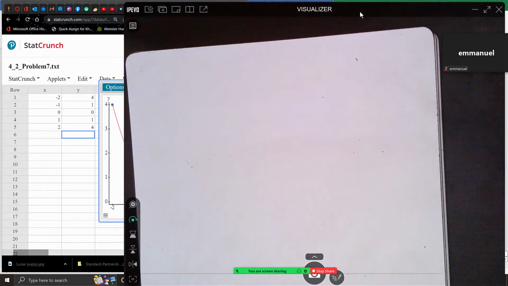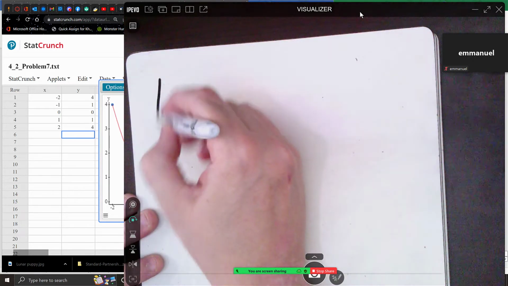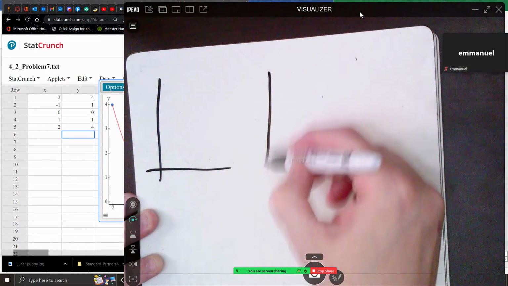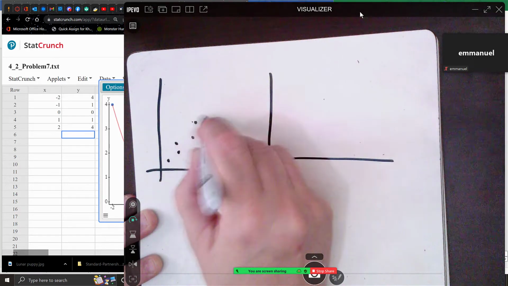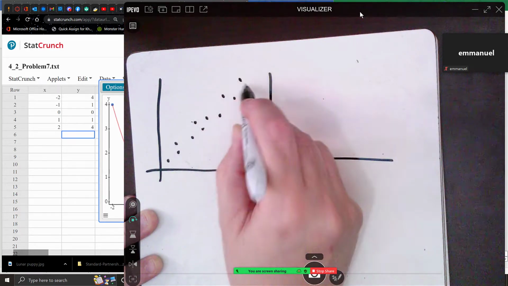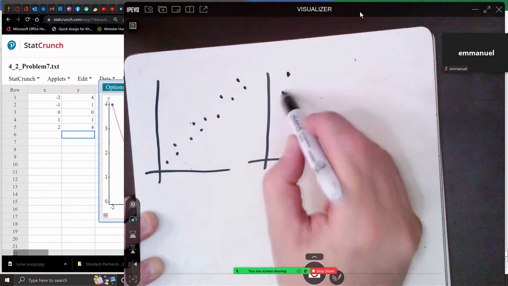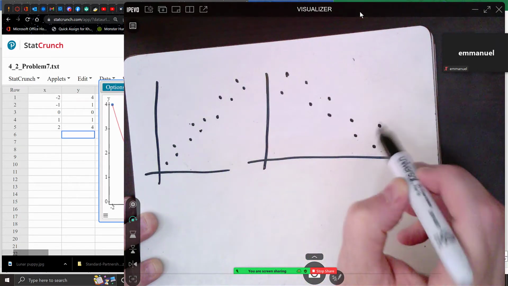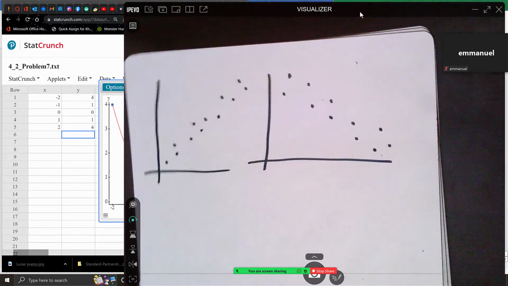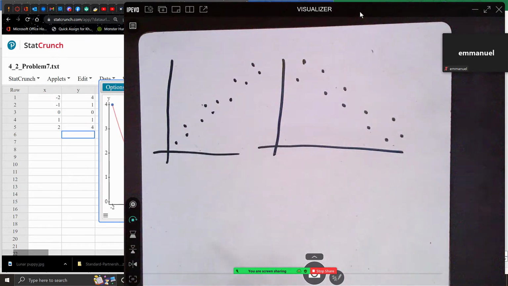So I could have dots that slowly increase as you go to the right, and dots that slowly decrease as we go to the right. Increase or decrease.